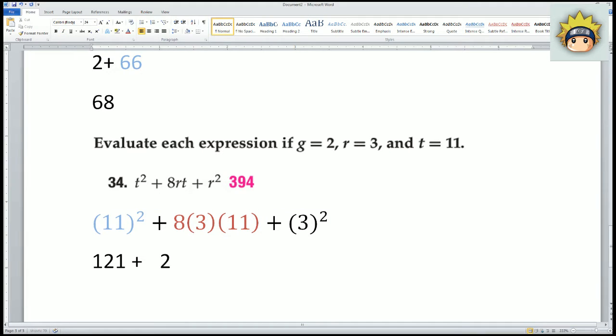That equals 264, and that was this number. Plus 3 cubed. Let's make that green for you. And that is your plus 9. You combine them all together now, you should get the value of 394.